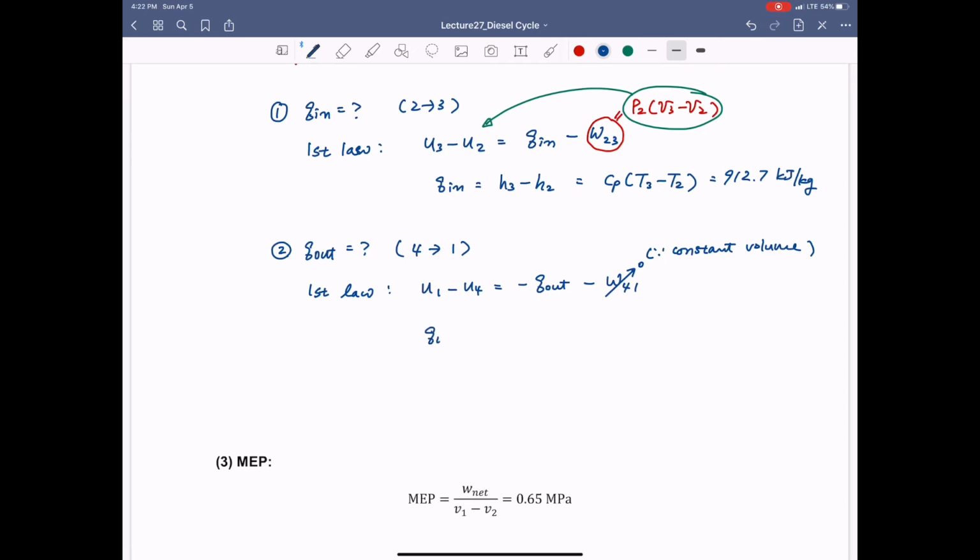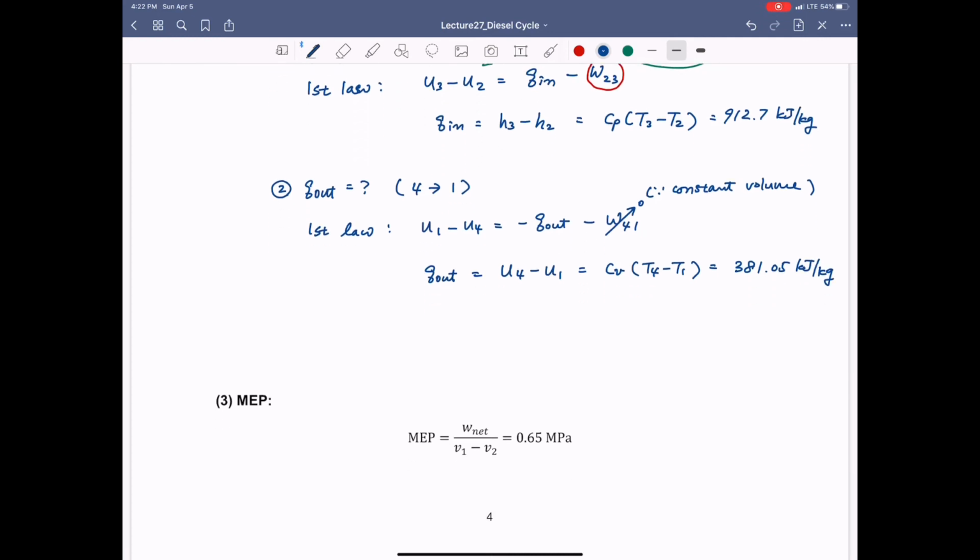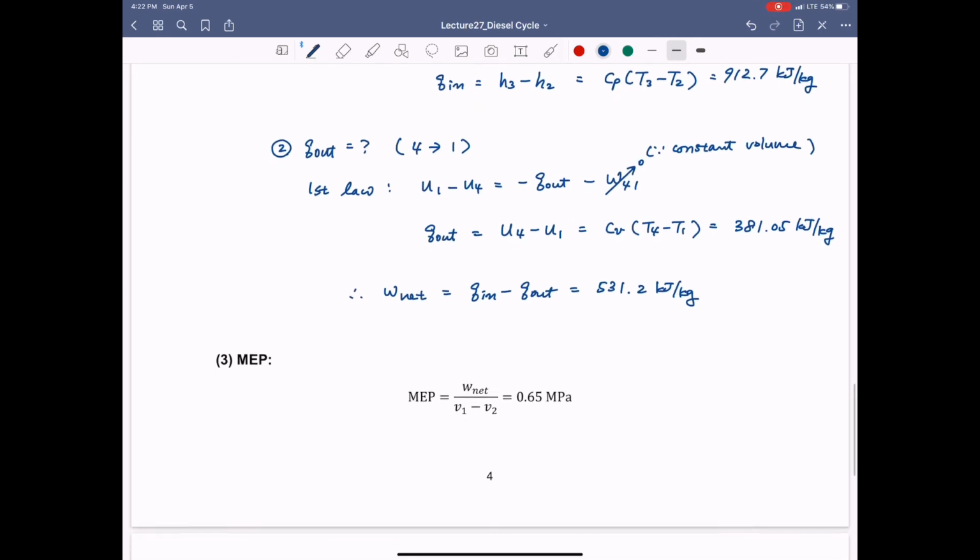So Q out can be written as U4 minus U1, which is Cv times T4 minus T1. That gives us 381.05 kilojoule per kilogram. So now we can calculate the specific net work per cycle as Q in minus Q out, which is 531.2 kilojoule per kilogram.